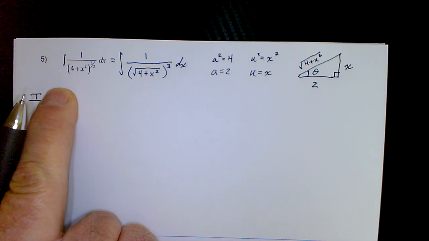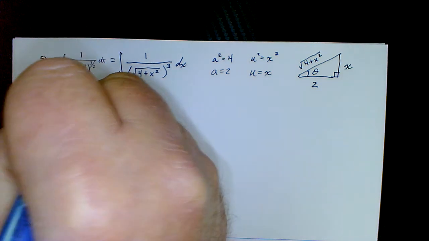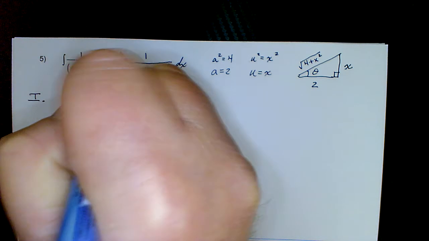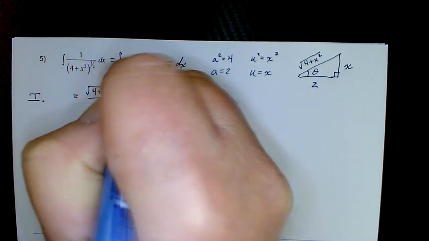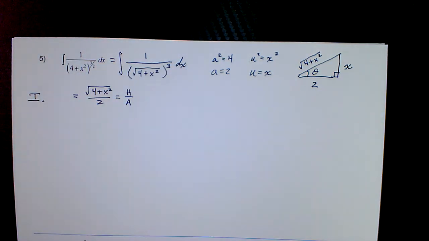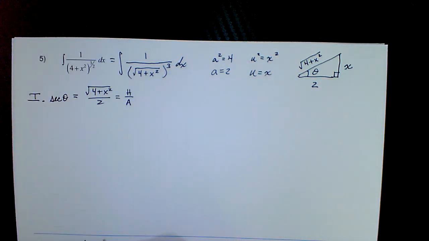Remember, you don't care about the trig function you're defining. You just simply force the ratio in Roman numeral step 1 of the radical part over the constant. With respect to theta, the radical part is the hypotenuse, the constant is the adjacent, so that's the secant of theta.